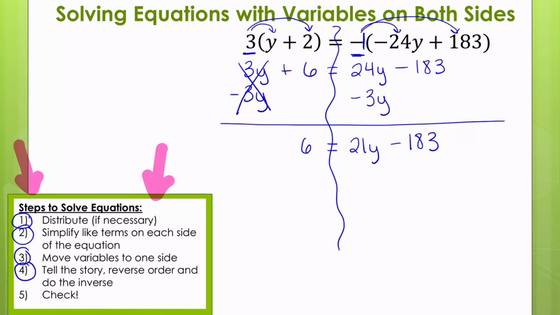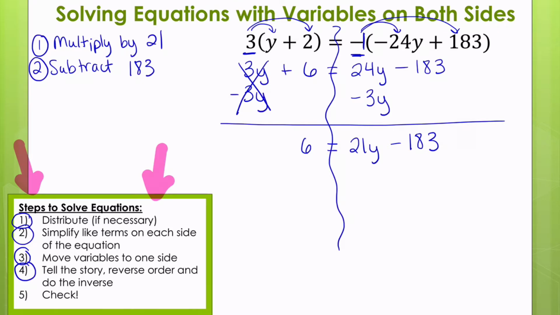At this point, if you are comfortable just solving this equation as a two-step equation, go for it. If you're still struggling with what exactly you should do next, I want to remind you of the story. So in this case, our story of y says that we need to first multiply by 21. And then second, we need to subtract 183.